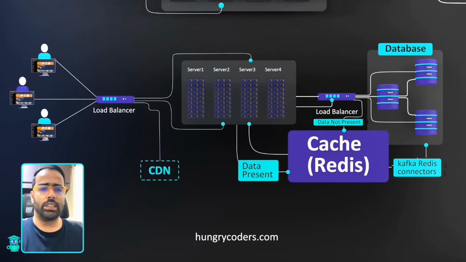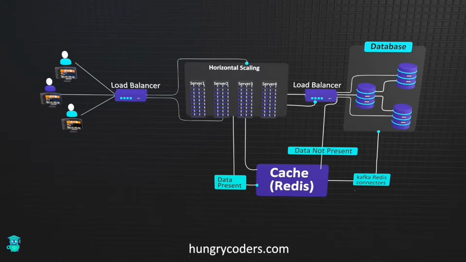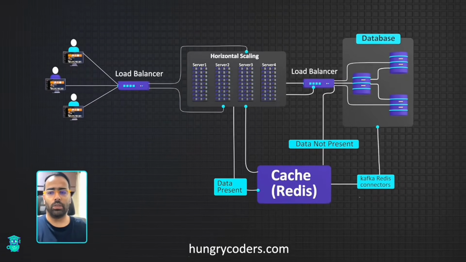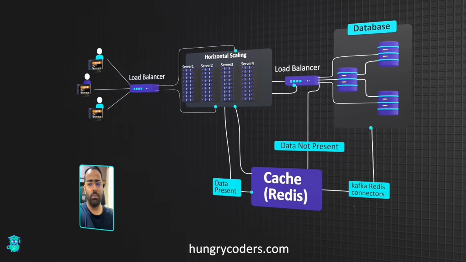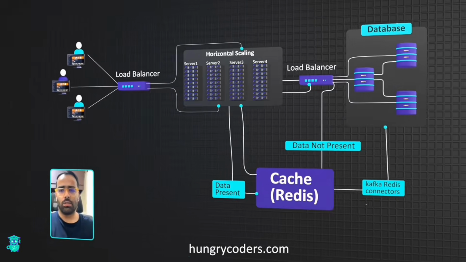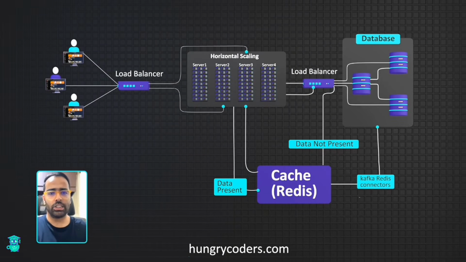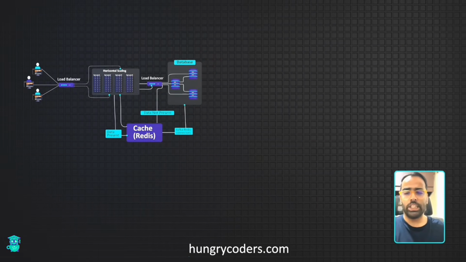Now let's say we divide our application architecture into microservices. For each microservice we should have a similar architecture. So it will look like this. Let's say the CDN is at the web application level, so I will remove that. But now this whole architecture is for each microservice.